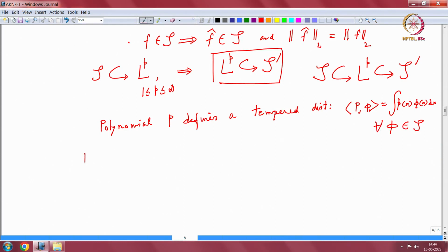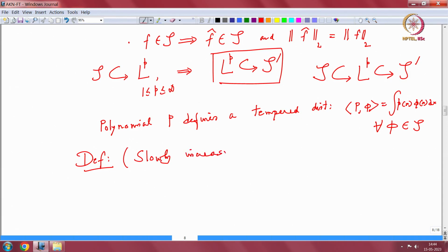Let me give you one more definition, something like a dual property of rapidly decreasing. It is called slowly increasing at infinity.